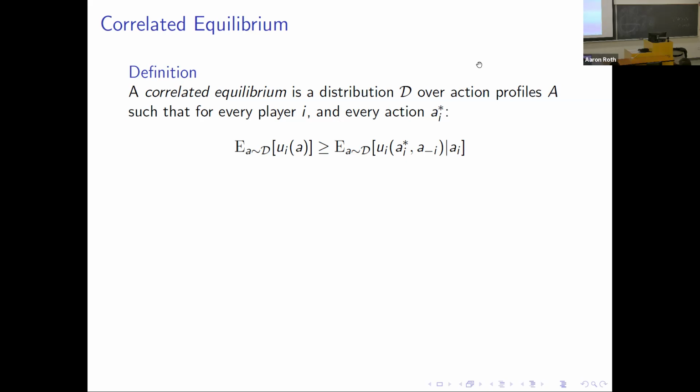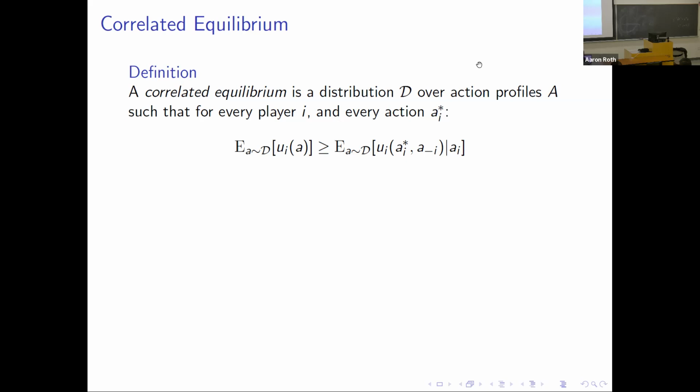And so here's what a correlated equilibrium says in math, but in words, it's this. The suggestion that was whispered into your ear should be a best response, even conditional on that suggestion, right?